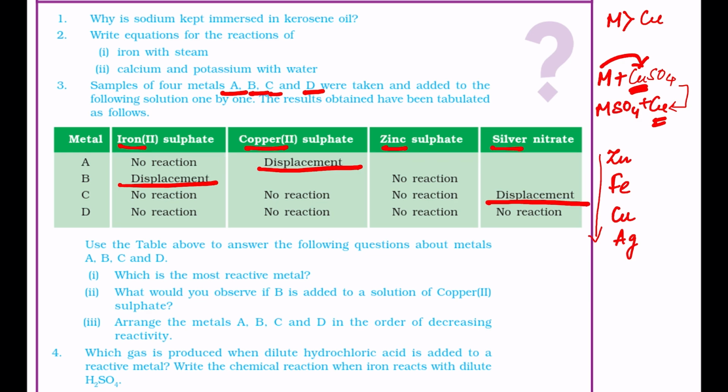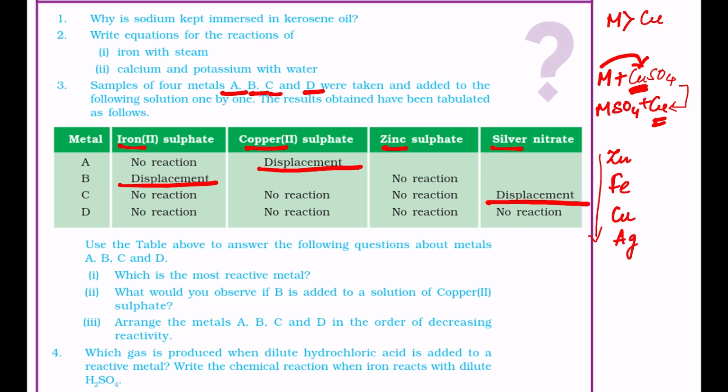Zinc is more reactive than copper, so it will displace copper from its salt. Zinc is more reactive than silver, so zinc will displace silver from its salt. So the most reactive metal, present at the top here, is zinc. Then iron. Iron is more reactive than copper and silver. Copper is more reactive than silver.